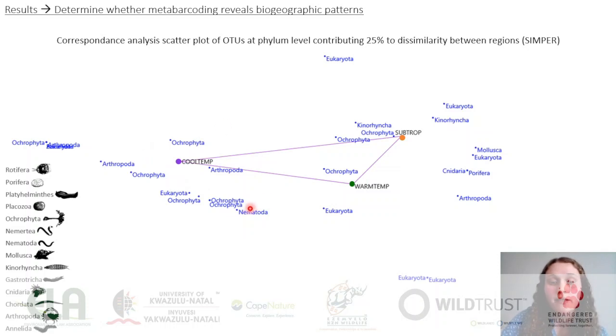Now this kind of plot is useful because we can draw from it the OTUs or taxa that are possibly sensitive to the environmental conditions if they are creating such dissimilarity, and they could therefore be used as possible bioindicator species. Now here we only have it at phylum level, but some of these did go down to genus and species level, so they would be interesting to watch and monitor.